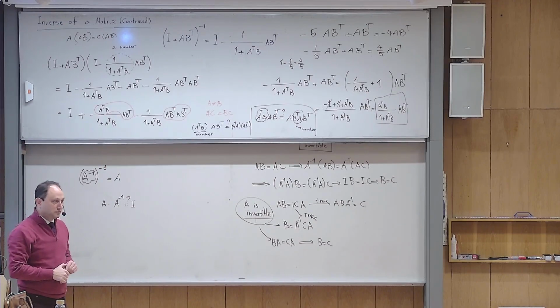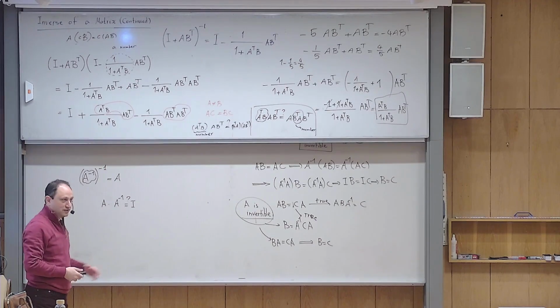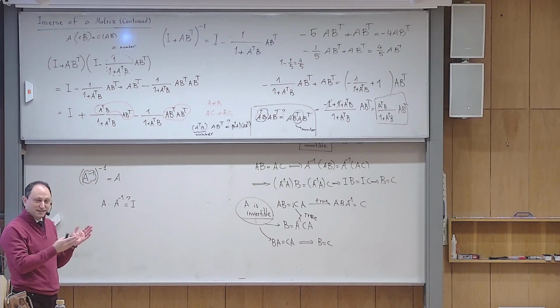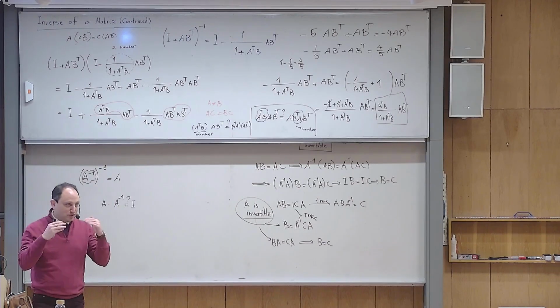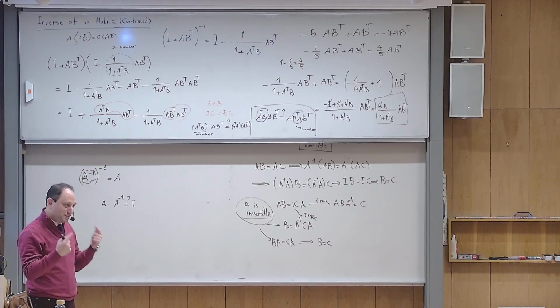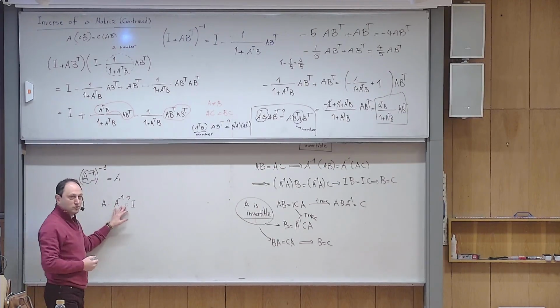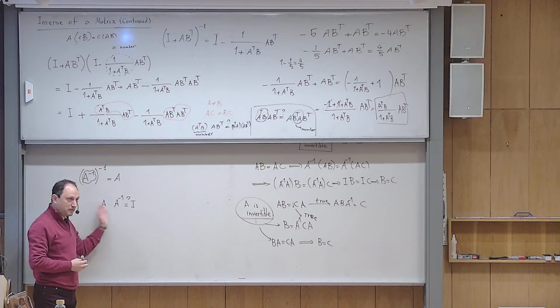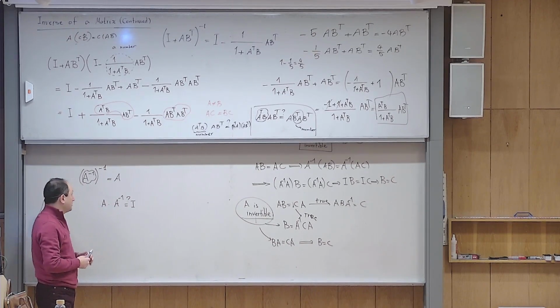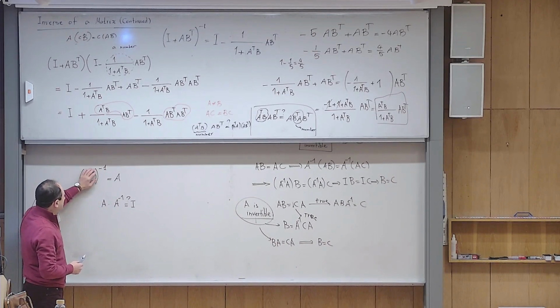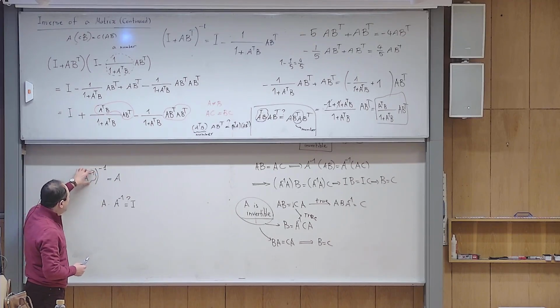Yes or no? Yes, because of A inverse. That is exactly the definition of the inverse. I don't want to confuse you, but this is the real way to understand that. If you think it is trivial, it's not trivial. So I am proposing the inverse of a matrix to you.